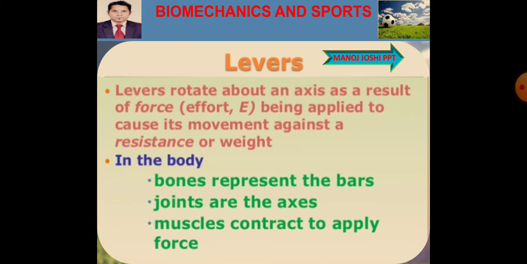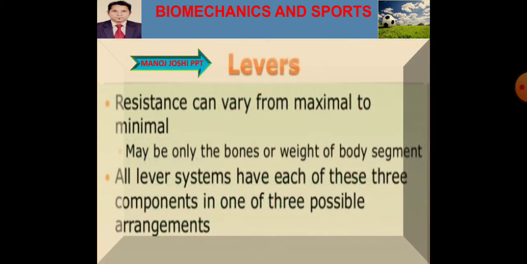So this structure of bone, joint and muscle works like a lever in our body. Resistance can vary from maximum to minimum, whatever the weight we are pushing or lifting. It may be only one bone or the weight of a body segment.